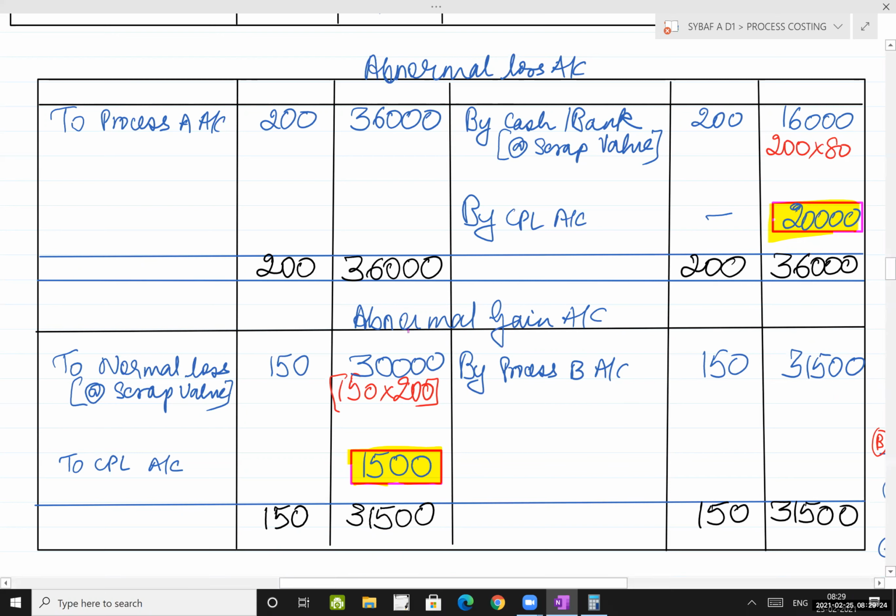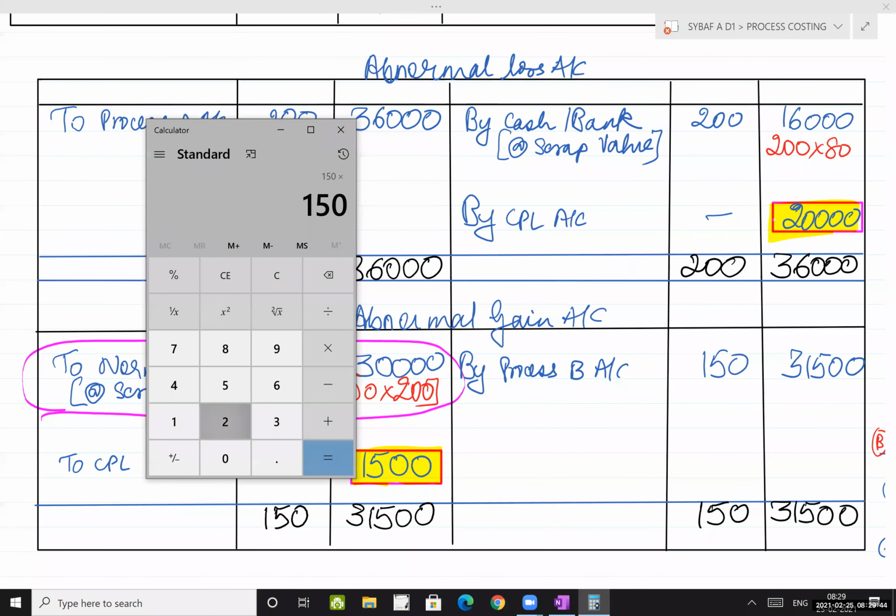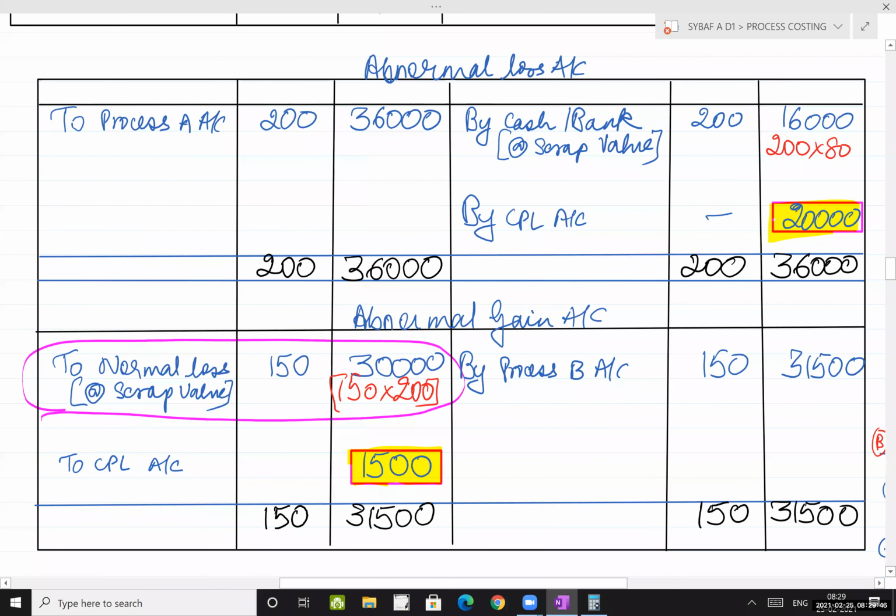The journal entry is abnormal gain to normal loss. I repeat, you have to set it off against normal loss account at scrap value. What is the scrap value of the second? 150 multiplied with 200, 30,000.